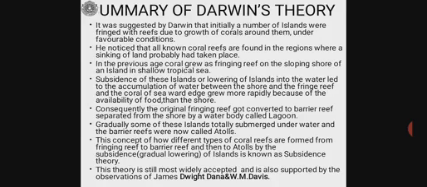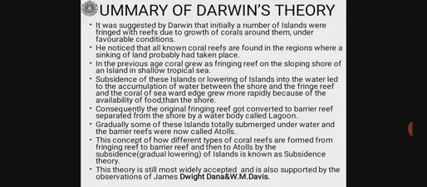Darwin's Dana theory, because this theory is still the most widely accepted throughout the world and is also supported by the observations made by James Dwight Dana and W.M. Davis. So this is the summary of Darwin's theory, and it was later analyzed by different scientists in different parts of the world, in different seas, and proved true beyond doubt.